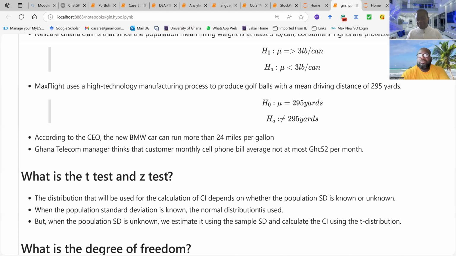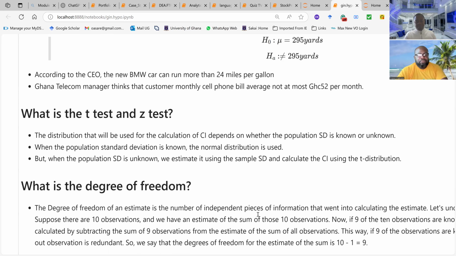Most of the time we don't know the population, so you take a sample and calculate the sample standard deviation. The moment you do that, you are inching not towards the Z world, but the T world, a distribution known as the T distribution. Of course, you can approximate that towards the Z.